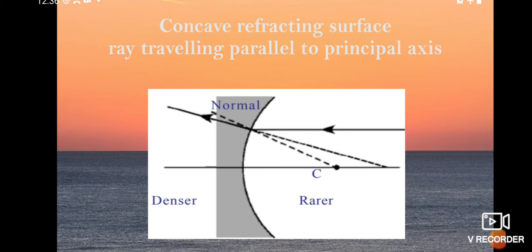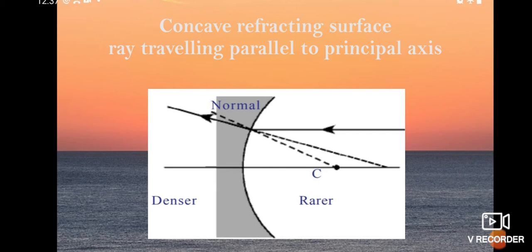Okay students, so what do you understand? In all these four pictures, the light ray is incident parallel to the principal axis and the refracted ray meets the principal axis at one point, by extending it also.